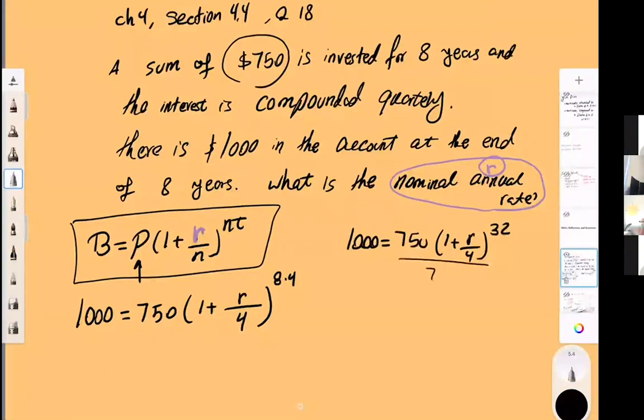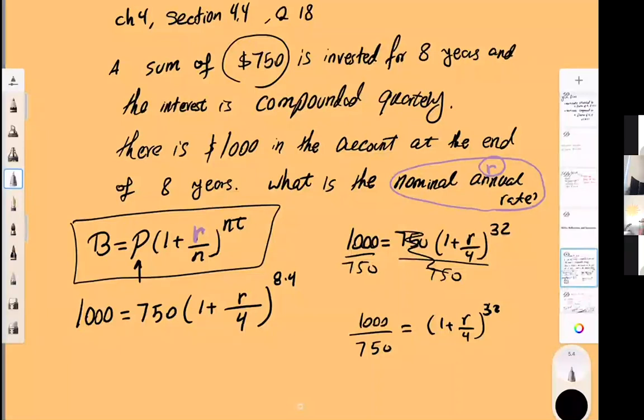I mean, this is algebra. You should be able to solve it. We get 1,000 over 750 equal to 1 plus r over 4 to the power of 32. So how do I solve for r? Should I use log or natural log? Do we need to go through the log?